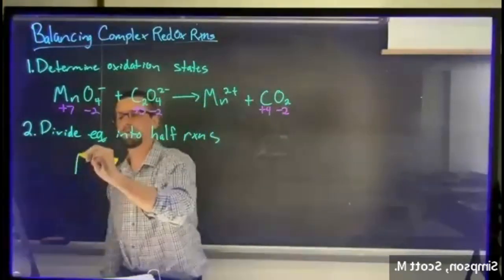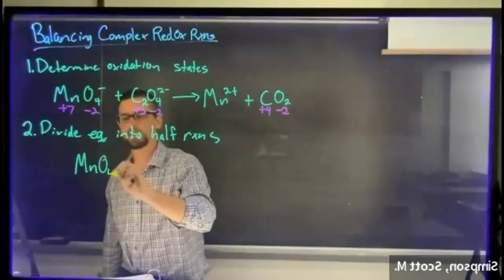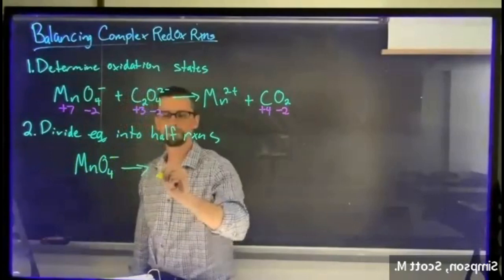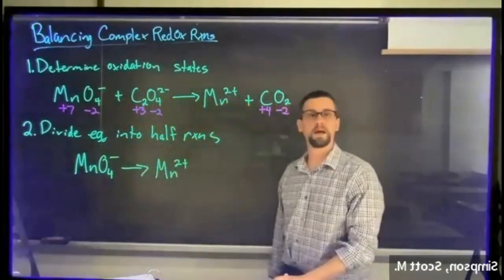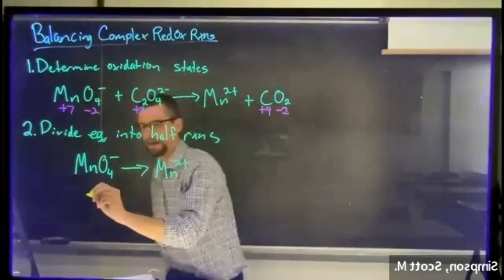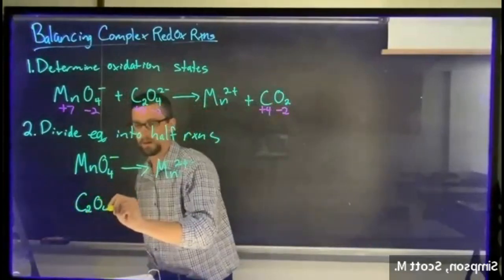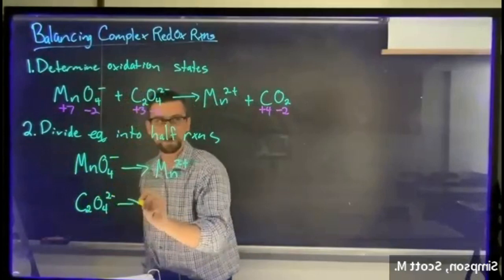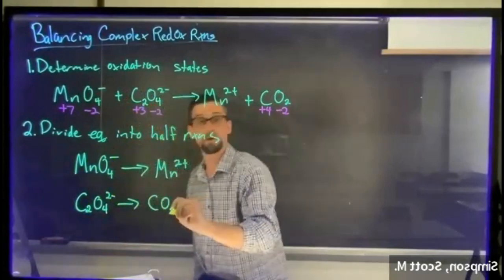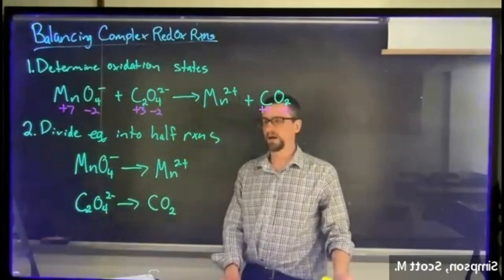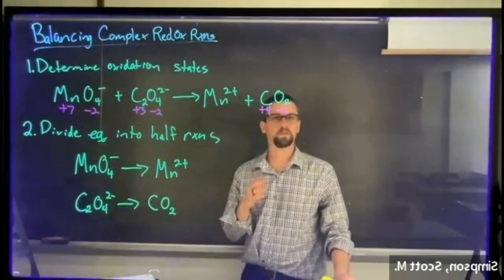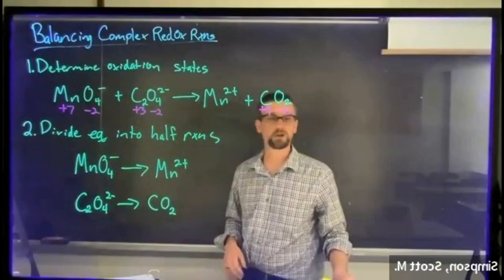So the first one we'll look at is MnO4 minus going to Mn2 plus, and then we have our oxalate anion going to carbon dioxide. Okay, in this case, we want to determine which one's oxidation, which one's reduction.